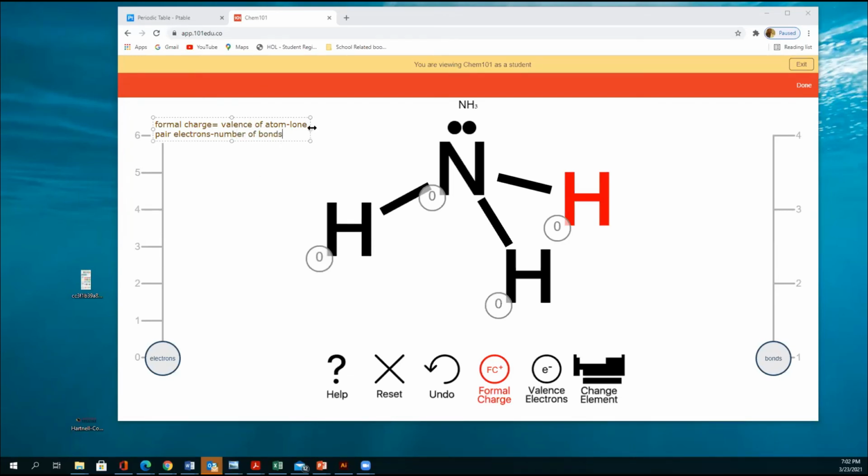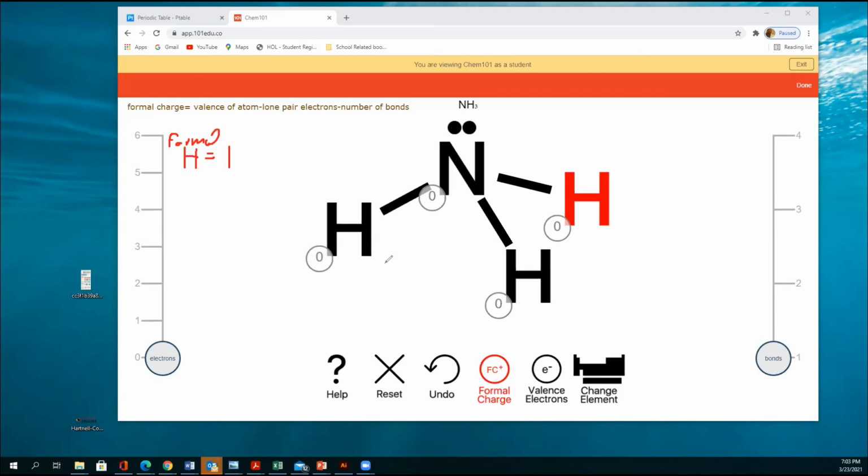Okay, so the formal charge on this hydrogen right here. How many valence electrons does it have? Anyone? One. Okay, hydrogen has 1 valence electron.